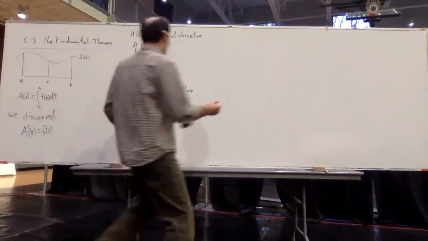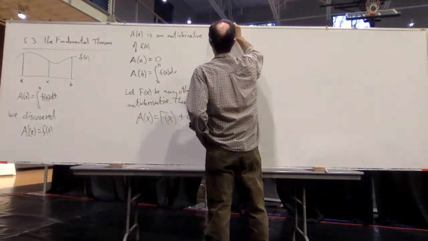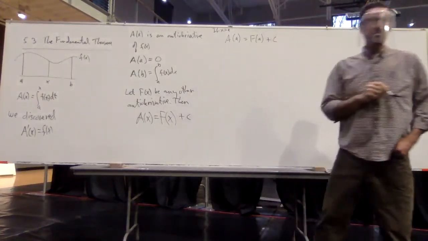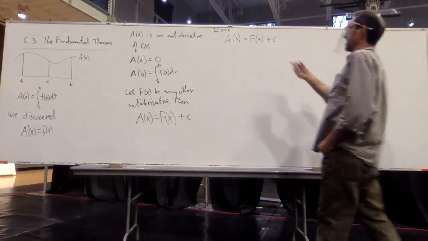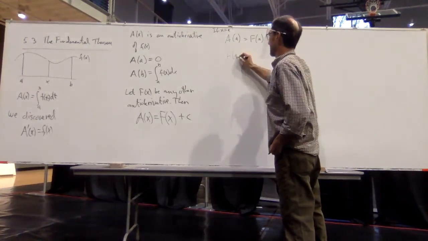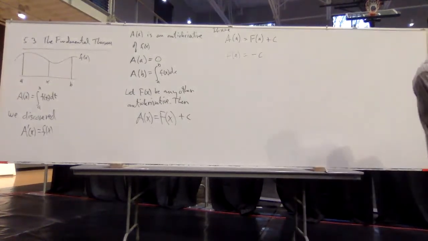So if we plug in x equals little a, I get big A of a equals big F of a plus the constant. This is 0, and so big F of a is the opposite of the constant that big A and big F differ by. Okay?